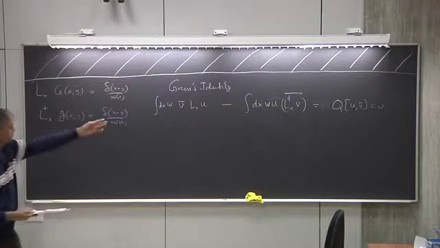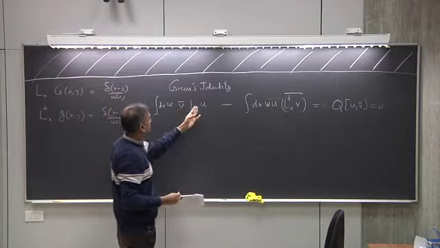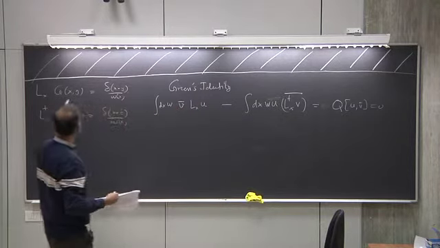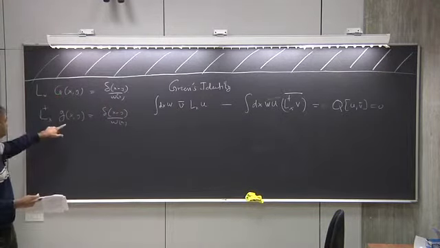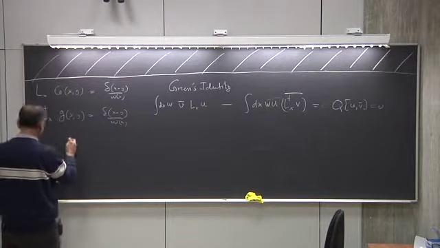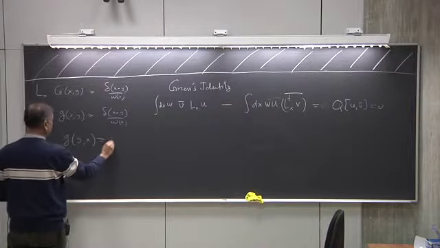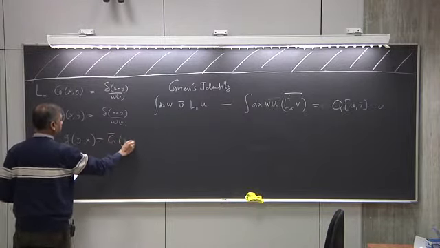We basically just used Green's identity and chose various functions: for u we chose g, and for v we chose little g. And we found a condition that g of y,x was equal to g bar of x,y.